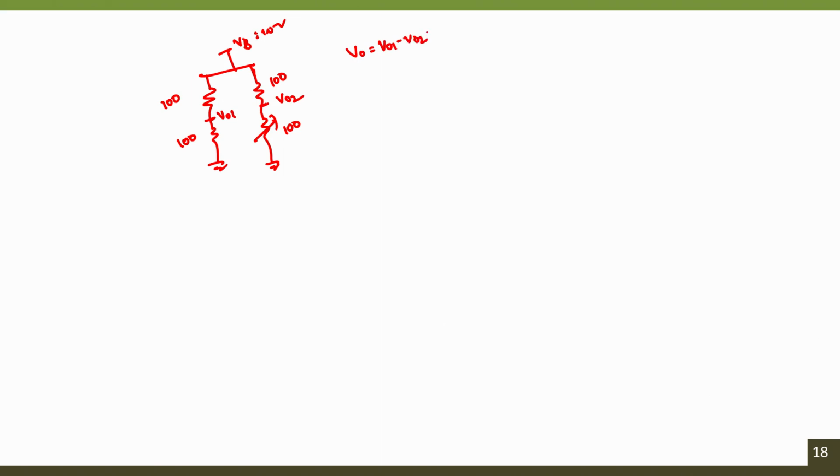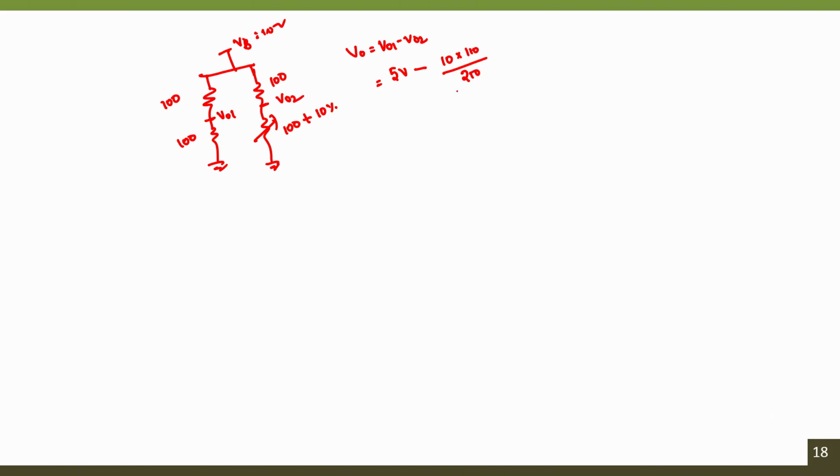We are observing the scaling. Now, if this is increased by 10%, what should V naught be? VO1 is equal to VB by 2, which is 5 volts, since the resistances are the same, minus VO2, which is 10 into 110 divided by 100 plus 110, so 210.